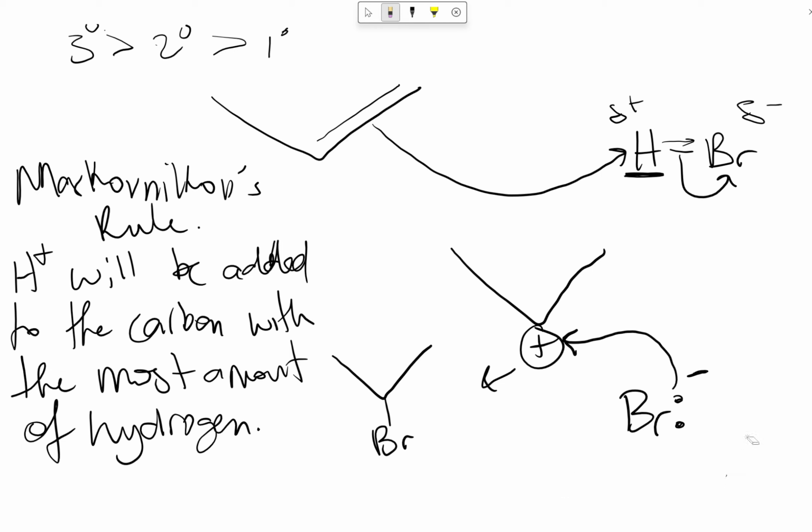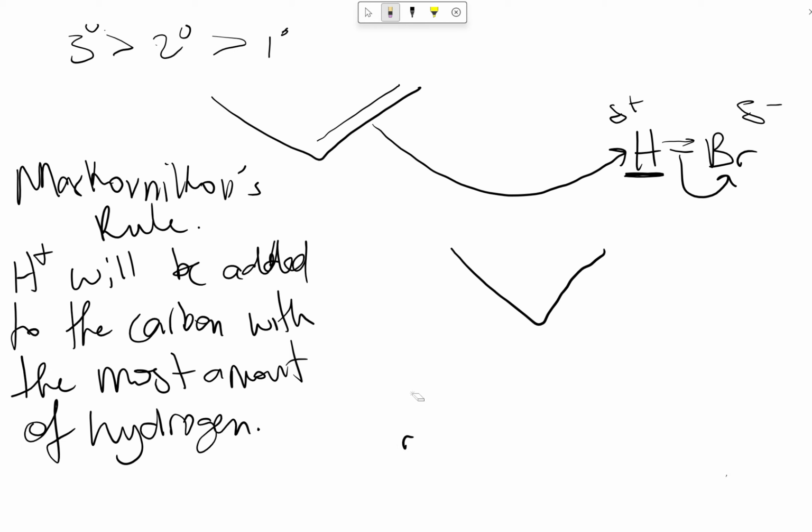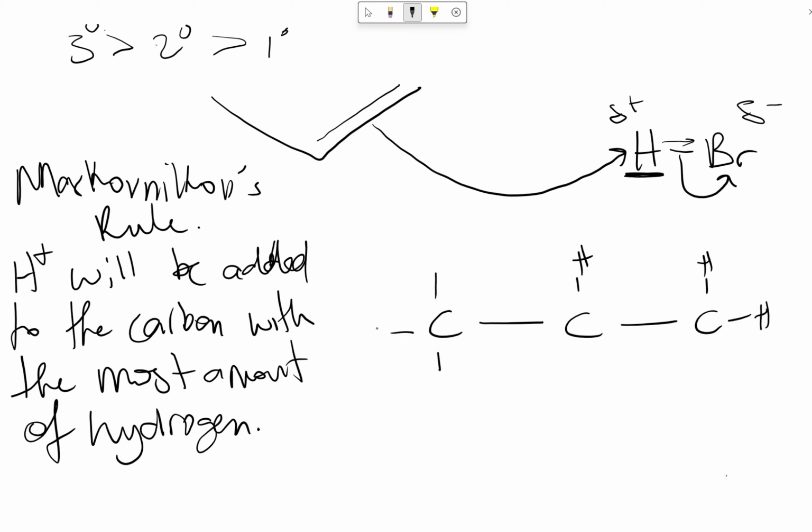Now, our anti-Markovnikov's product would basically be ignoring Markovnikov's rule. Let me just draw this briefly. In this case, we'll be adding the hydrogen to the carbon with the least amount of hydrogen atoms, leaving the positive charge here, creating a primary carbocation.